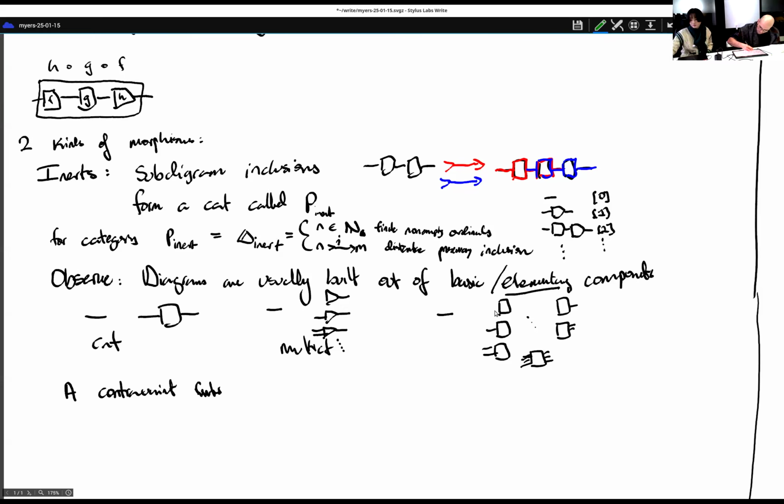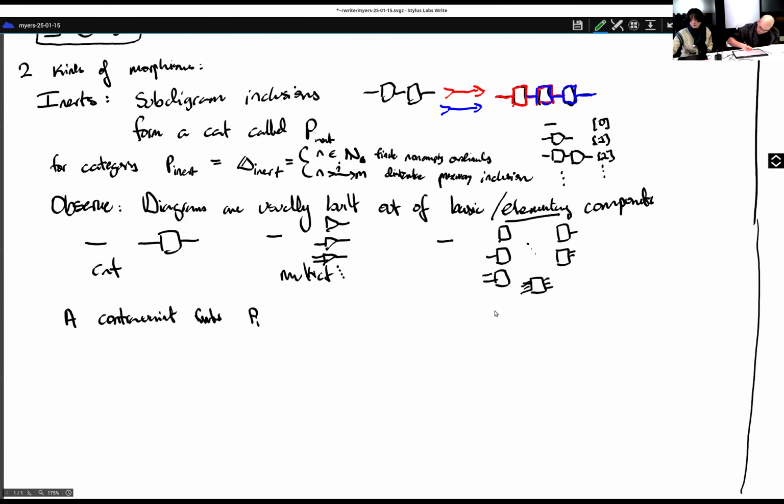A functor from P inert op to Set we can think of as a labeling L, so that L of P is equal to the set of labelings of the diagram P.